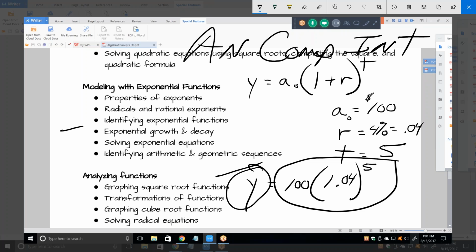Now, there are actually 3 kinds, but I'm going to gamble that the only one they expect you to know is the first kind, which is this one. So if you're looking to memorize something, memorize this and know what each of those letters mean. Know what Y is, know what A sub 0 is, know what R is, and know what T is. It's called A sub 0 because it's the initial.